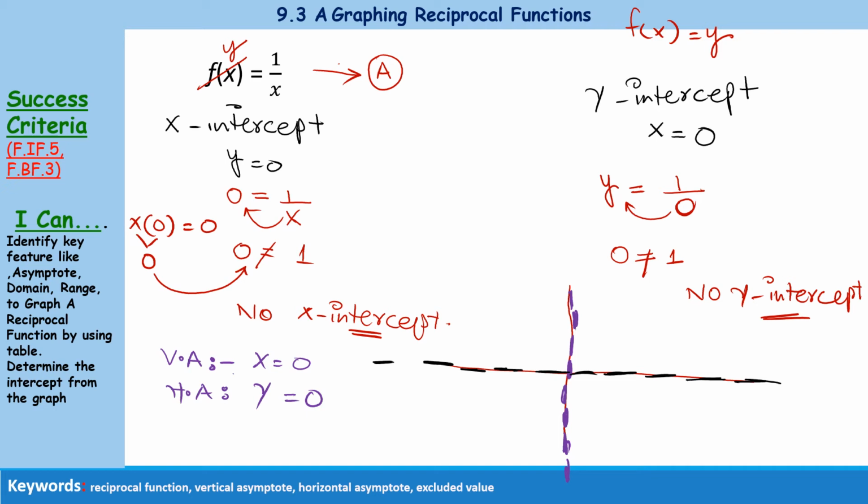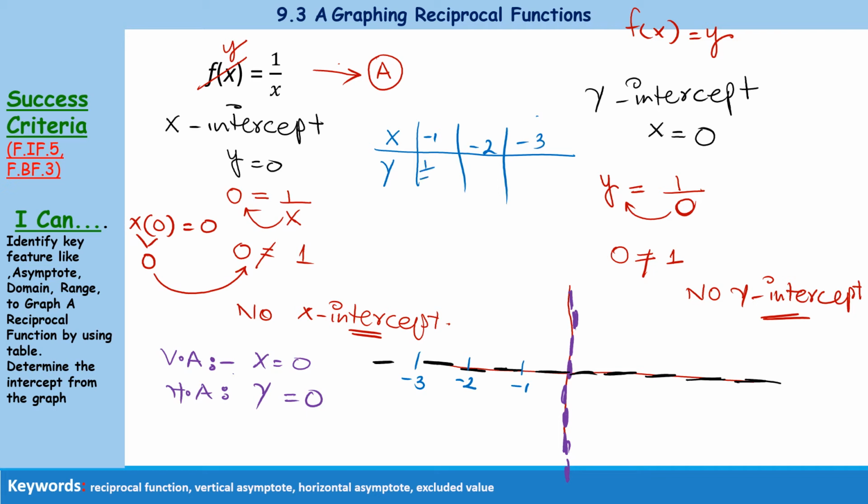So just try to make a table one time. Write x values which are less than 0. For example, -1, -2, and -3. And put them in the equation one by one.